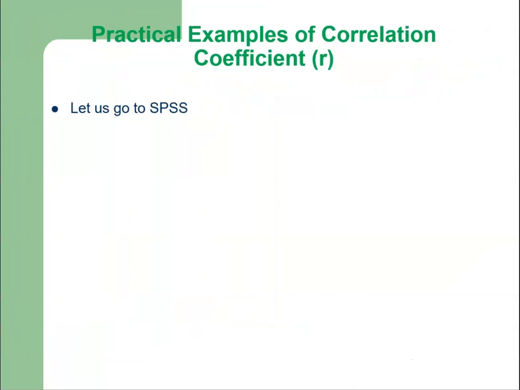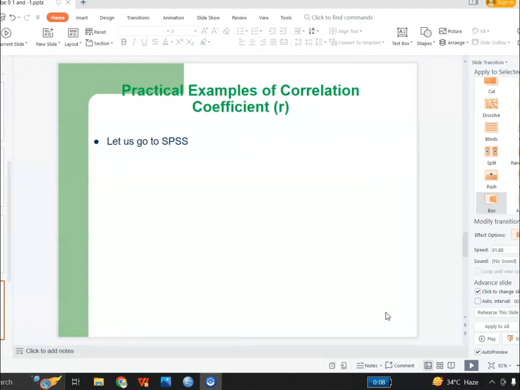We can show when correlation coefficient R could be exactly equal to 1, less than 1, equal to -1, less than -1 in absolute terms, and 0. So for that purpose, I will use some hypothetical data in SPSS.